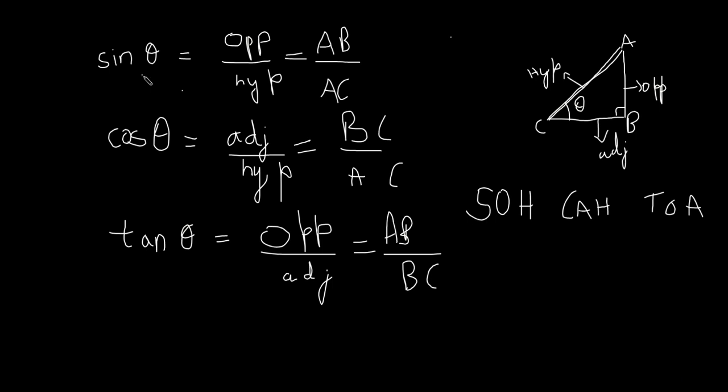Sine: S corresponds to sine, O corresponds to opposite side, H corresponds to hypotenuse. So sine is equal to opposite by hypotenuse. C corresponds to cosine, A corresponds to adjacent, and H corresponds to hypotenuse. So cosine is equal to adjacent by hypotenuse. Tangent: T corresponds to tangent, O corresponds to opposite side, and A corresponds to adjacent. So tangent of angle is equal to opposite over adjacent.